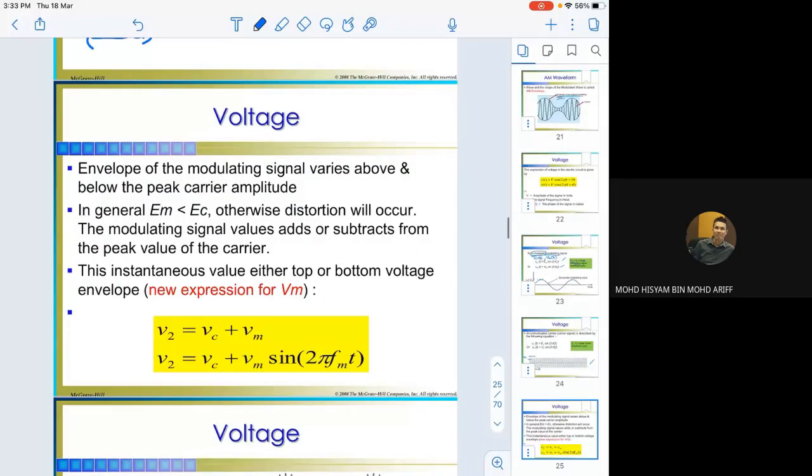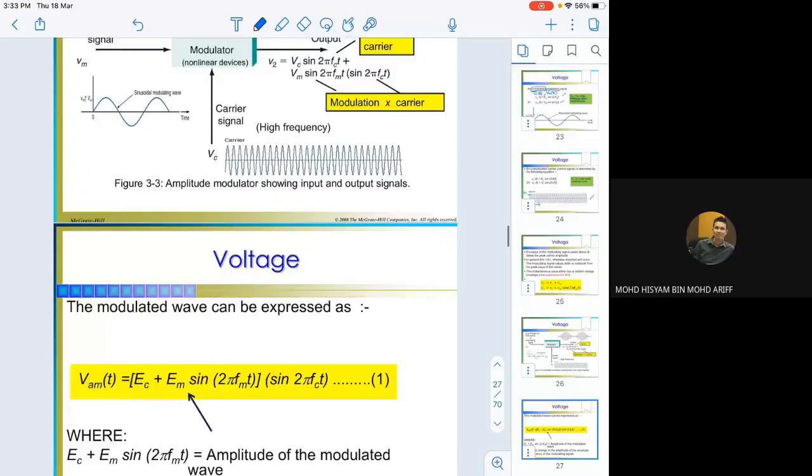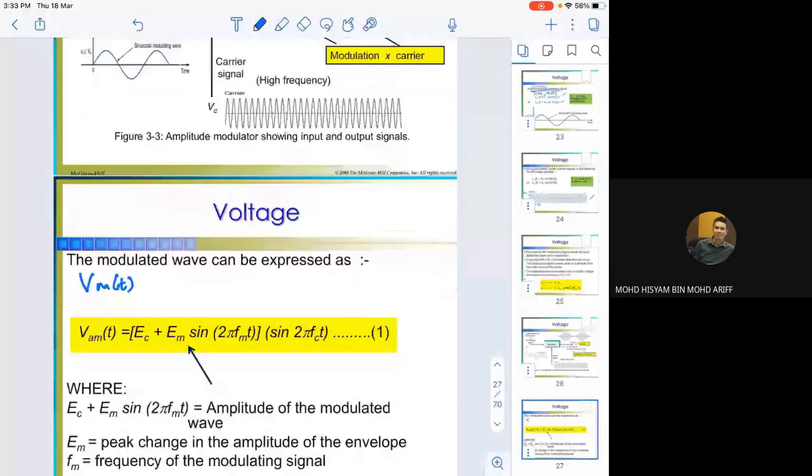And then how to do the derivation of the VAM? Actually very simple. VMT equals VM sine omega MT. VCT equals VC sine omega CT. Then how about AM?